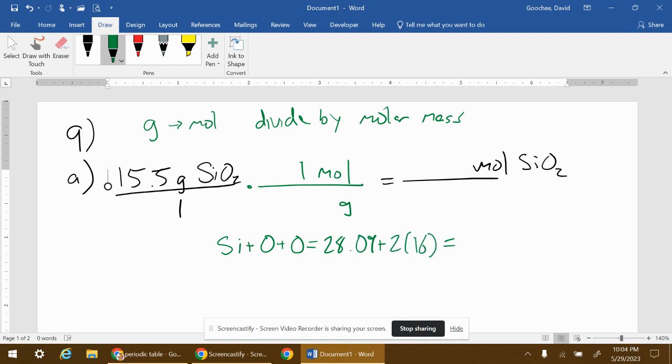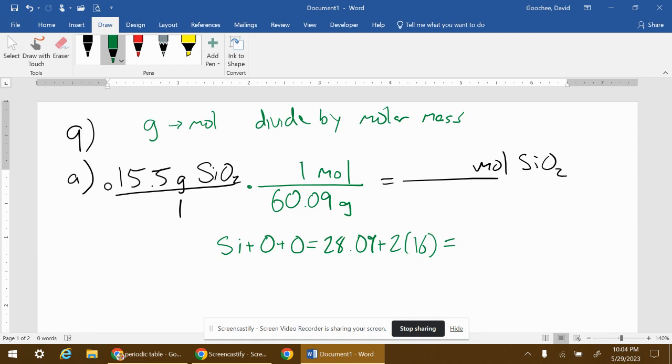And that equals, let's see here, 28.09 plus 16 times 2. So that is 60.09 grams. So we only have 15.5 grams of silicon dioxide. We don't even have 1 mole of this stuff. 1 mole of silicon dioxide is 60.09 grams, and we don't even have that.